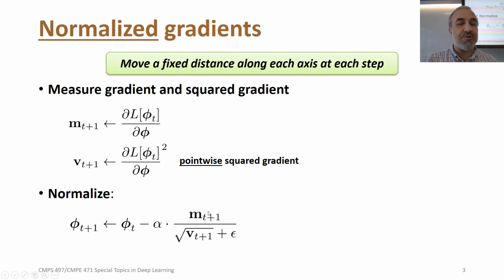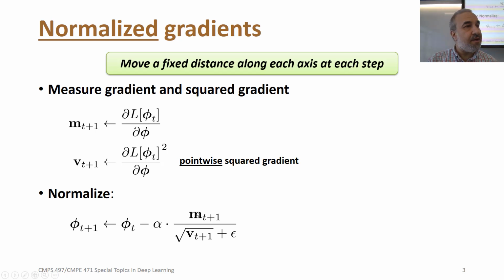So what will we get out of this? If v is the square of m, then what is the square root of v? m. m divided by m is 1. Again, forget about this epsilon. So this is like normalizing it to be 1, but of course we keep the sign.